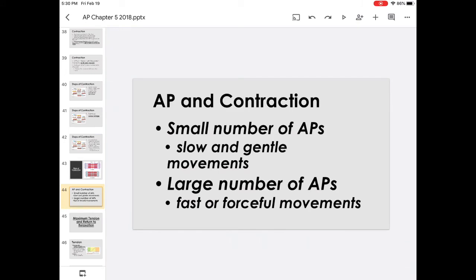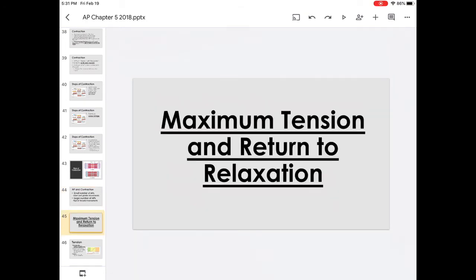When you have a large number of action potentials, though, you are going to have fast or forceful movements. And the different kinds of movements, whether small or large, are going to depend on the number and frequency of the action potentials that you actually have.